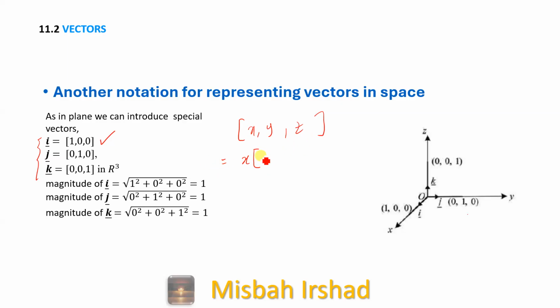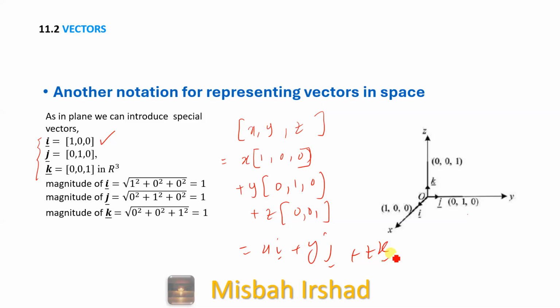It can be written as x times 1, 0, 0 plus y times 0, 1, 0 plus z times 0, 0, 1. So it can be written as xi plus yj plus zk. So every vector in space can be written in terms of i, j, k.